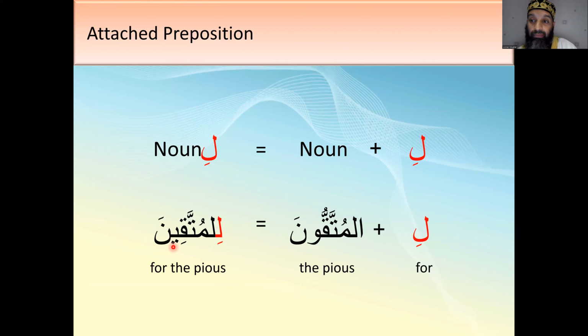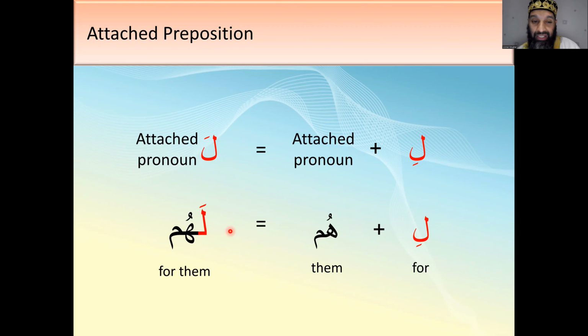Ina is the mansub or the majroor plural ending. It's either mansub or majroor, ina. But I know it's majroor because it's got this li in front of it, and the li is a majroorifier. It'll make the next word majroor. And if that same li attaches to the start of an attached pronoun, it means for, but it's going to have a fatha on it.